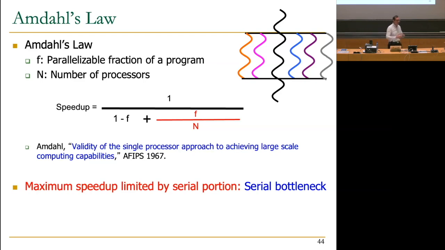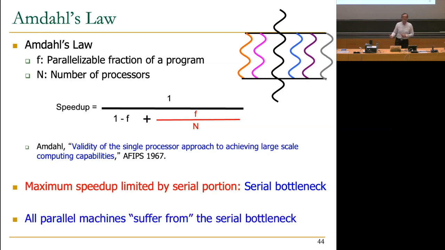People basically said, oh, we have the serial bottleneck. What do we do about it? As we will see, Cray's solution was to actually design the fastest scalar machine of its time. Cray designed the fastest supercomputers. They were actually the fastest vector processors, and they were also the fastest scalar processors at the time, so that they could get out of the serial bottleneck very quickly, as much as possible.